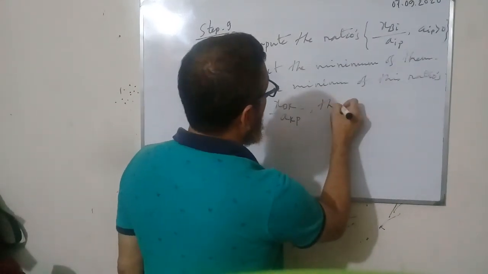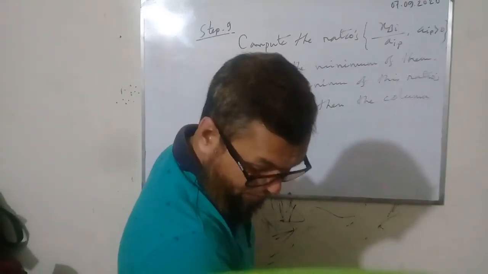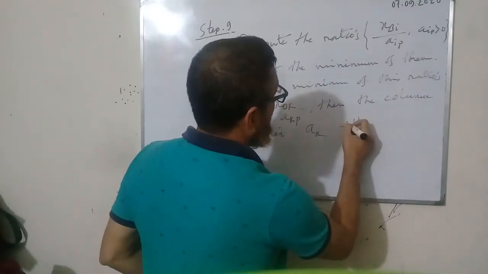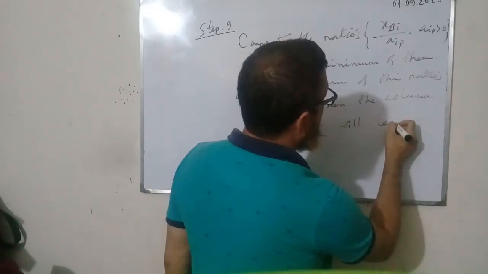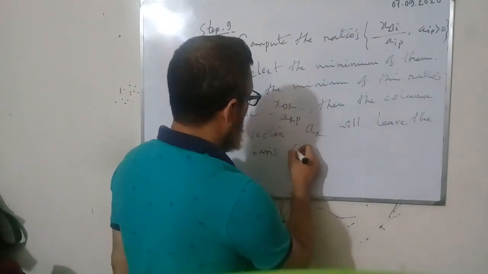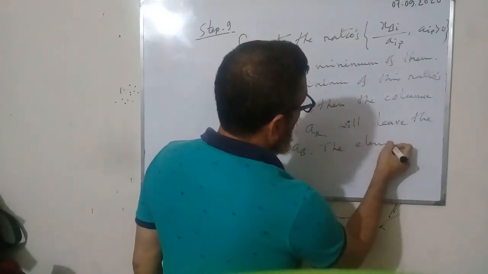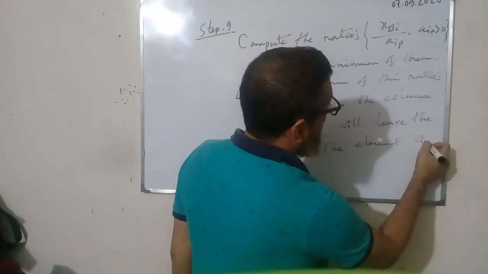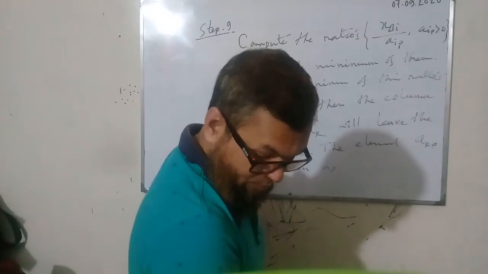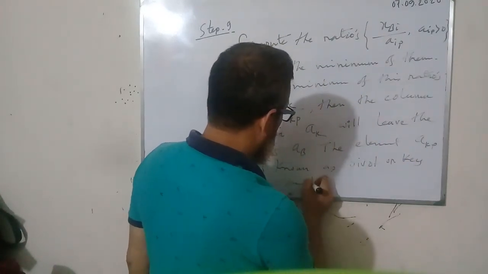Then the column vector ak will leave the basis B. The element akp is known as the pivot or key element.